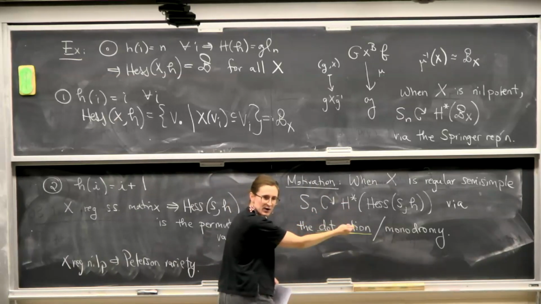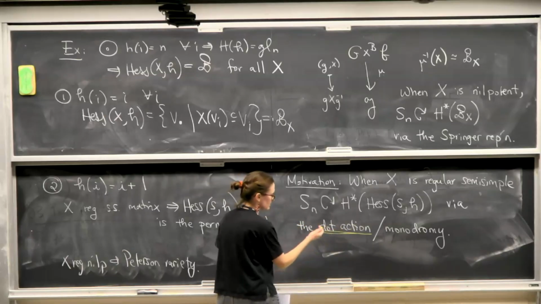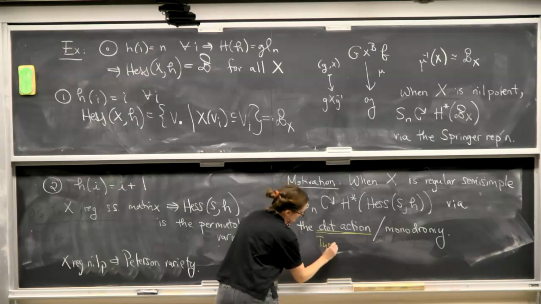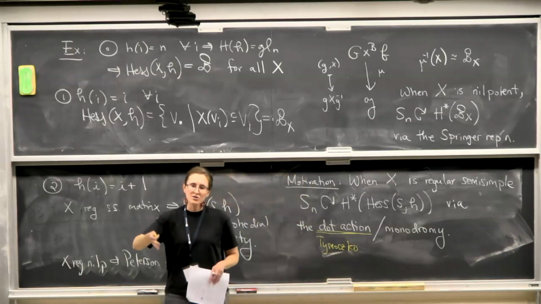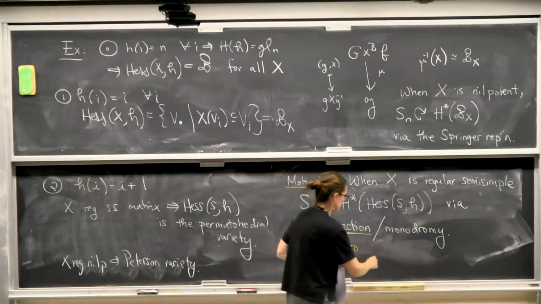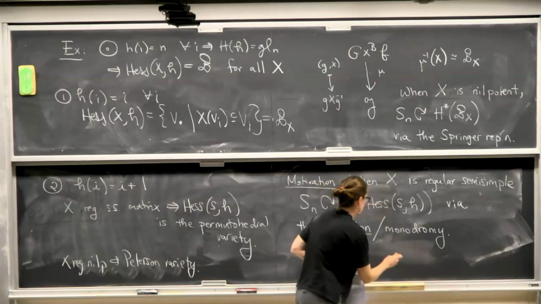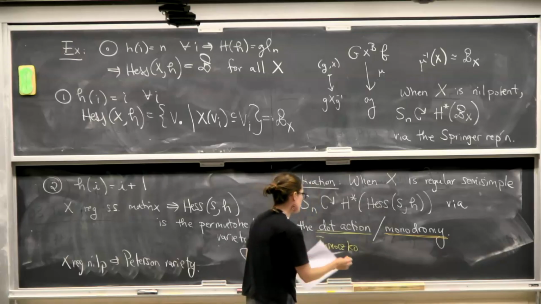She studies their GKM graphs, and using symmetries in the GKM graphs, she defines what she calls the dot action. And this action on equivariant cohomology then descends to ordinary cohomology when you quotient. And this is also realized as a monodromy action by Brosnan and Chow.